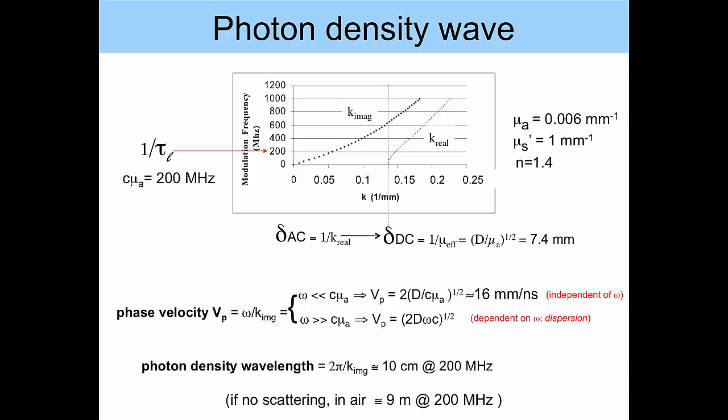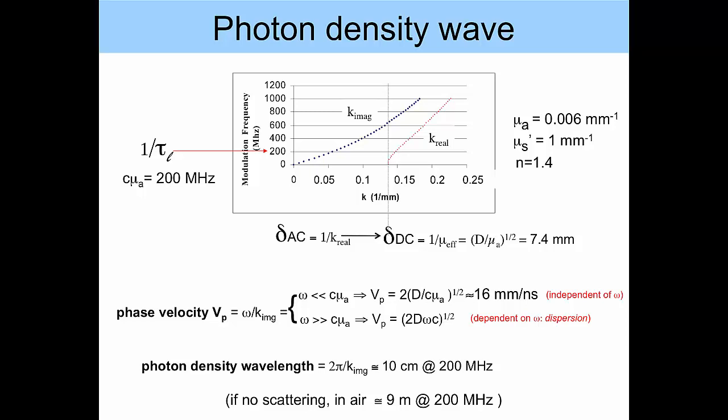On the y-axis, we have frequency, omega. And on the x-axis, we have k, wave number. What you're seeing is a separation of Ki and Kr, the imaginary component of the complex wave number and the real component. The first thing that you can appreciate is that at low frequencies, we have the phase velocity.